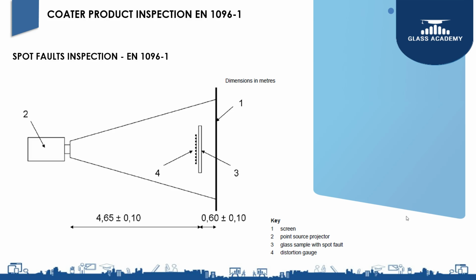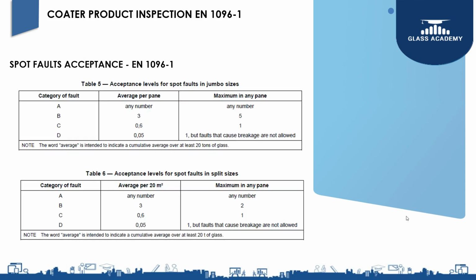This is the spot fault inspection criteria, with an enhanced image showing the light source and screen. As stated for float glass in EN 572 part 2, the categories of defects are A, B, C, and D. The same applies to coated glasses, and all sizes remain the same.